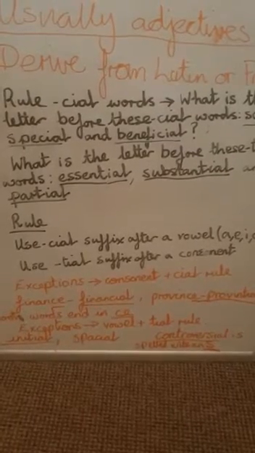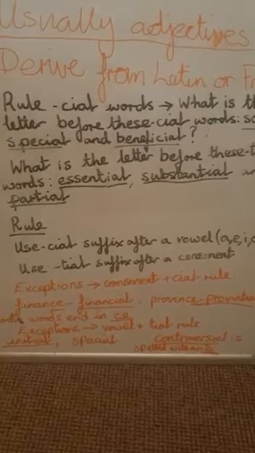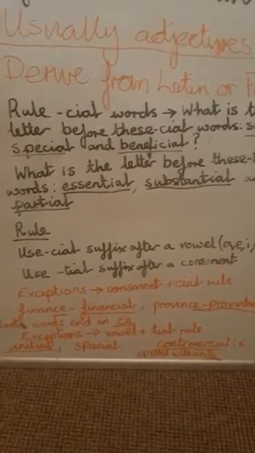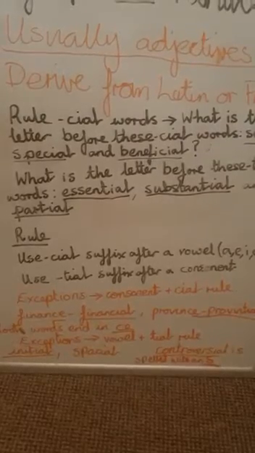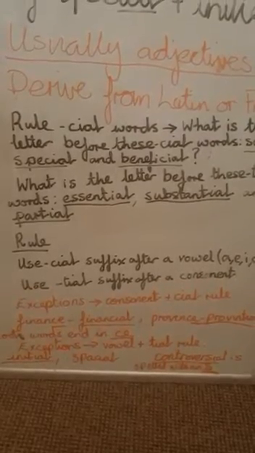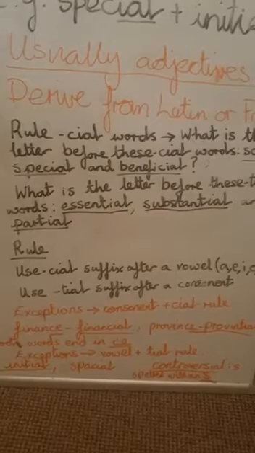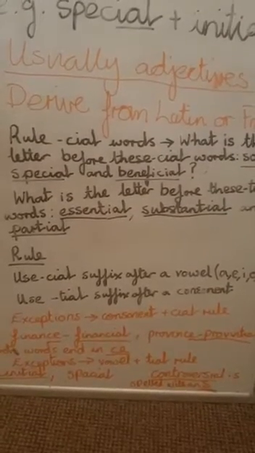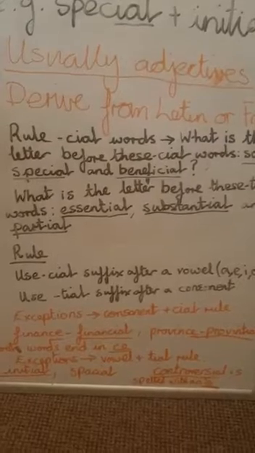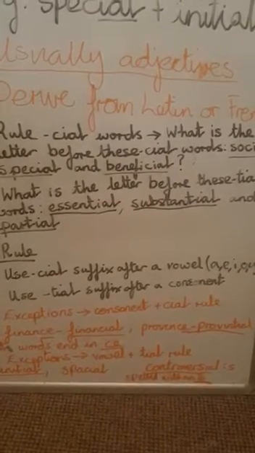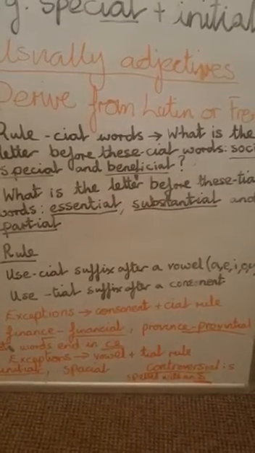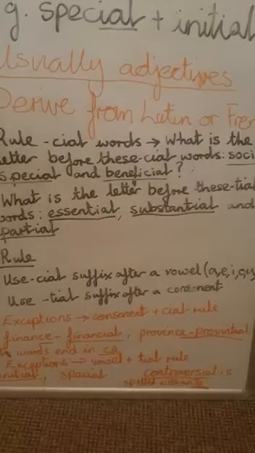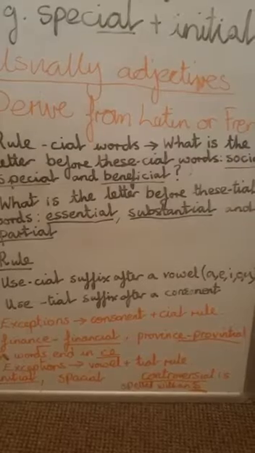Okay, we've got a few exceptions. If we look at CIAL, financial, we've got a vowel because the word derives from finance. So we're dropping the E in these exceptions, and the letter before tends to be a C, which is a consonant.